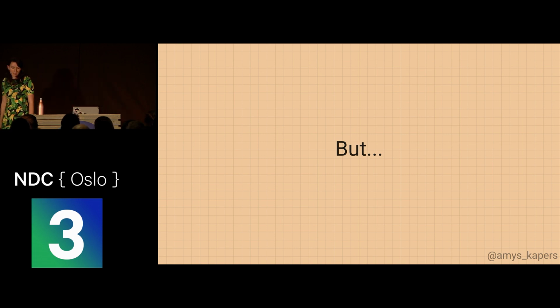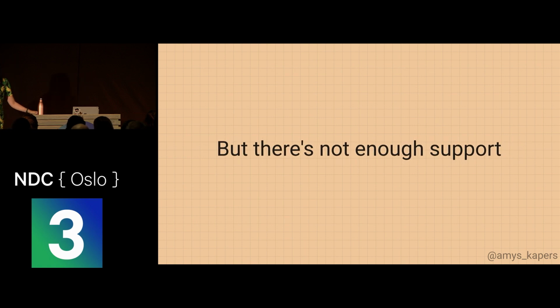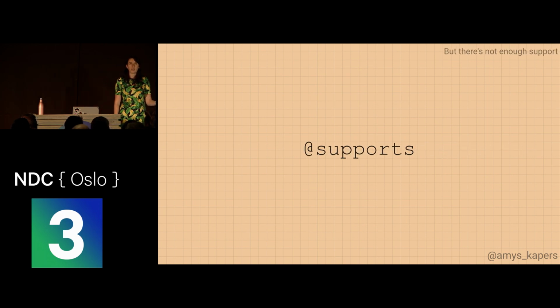So what's something people are going to say? But there's not enough support. 91.606%. Really depends on your workplace, but that's pretty decent support if you ask me. And we've got our supports query, so we're not giving Grid to a browser that doesn't know what to do with it.